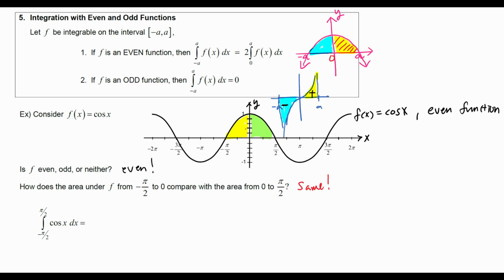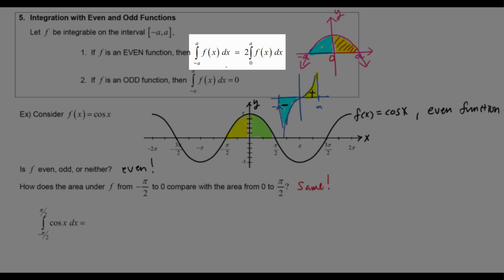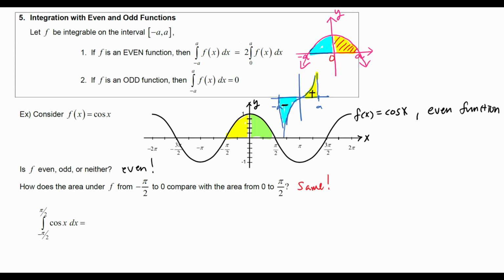Knowing that these two areas are exactly the same, we are going to use this property and integrate instead twice the integral from 0 to pi over 2 of cosine x dx, which is equal to 2 times... What's the integral of cosine x? That is sine x.